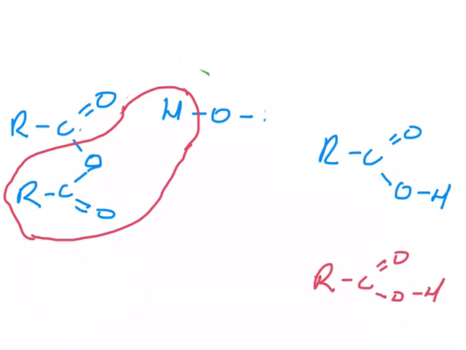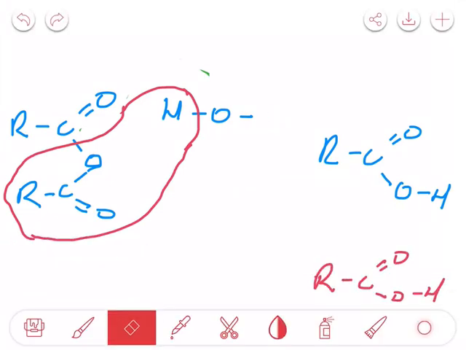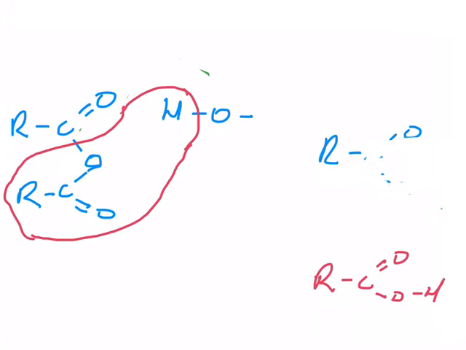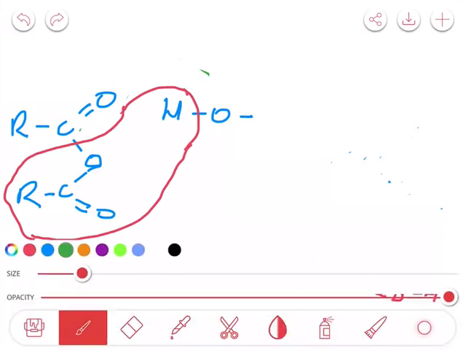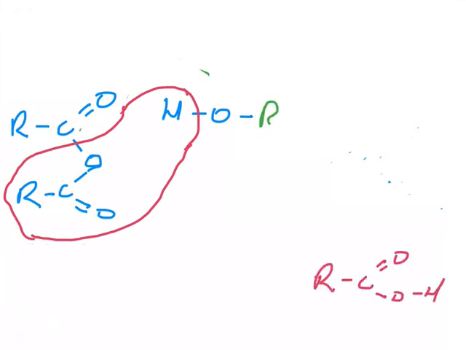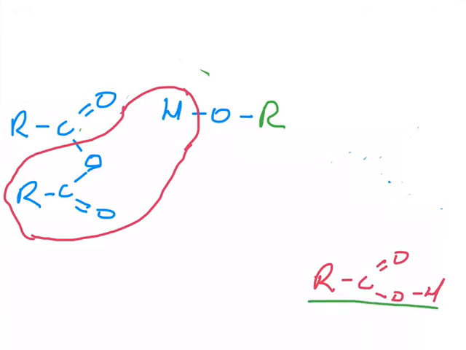Okay, and let's change this and make it an R group so that we're reacting it with an alcohol instead. So we use green again. I hope you can see here that now I'm reacting it with an alcohol instead of water. Just like before, I'm going to get my carboxylic acid here.